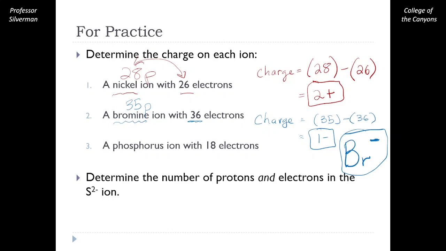That charge is always written to the top right. Likewise, for our first problem with nickel, we could write our chemical symbol as Ni for nickel with a charge of 2 plus. Write that as a superscript to the top right. Nickel 2 plus.